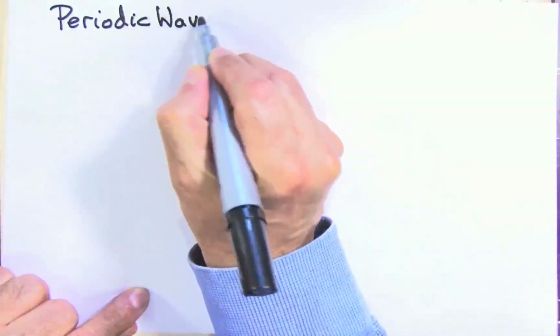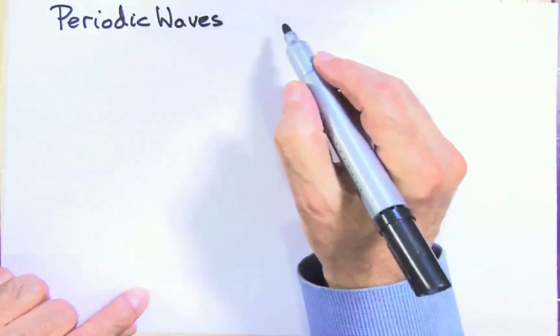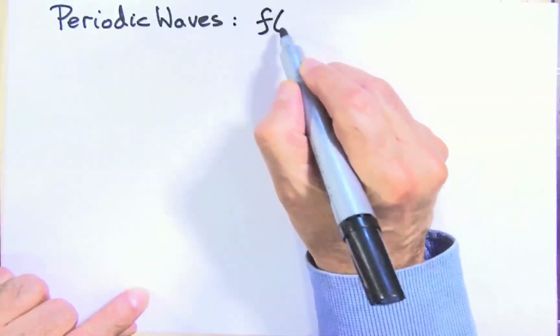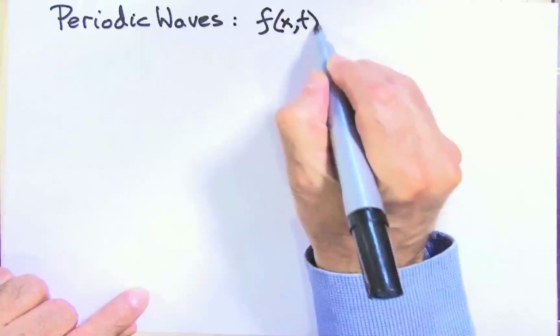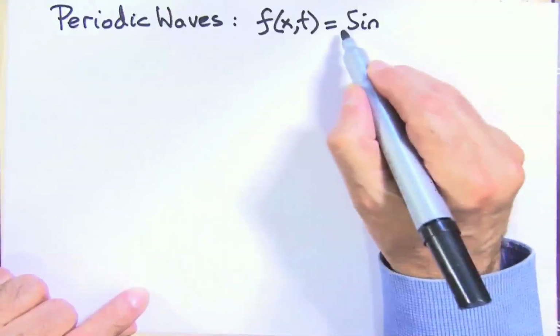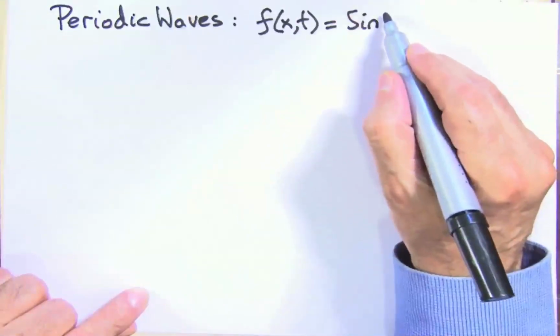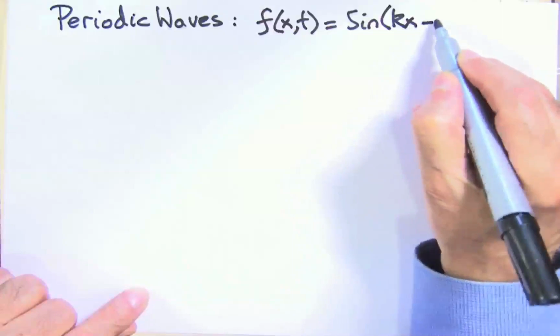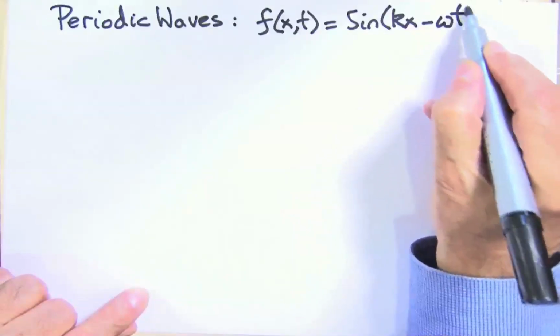In other words, those waves which repeat themselves. So for example, let's take this f of x,t, which is, I could have put an amplitude over there, but I'm too lazy to do that, and there's unnecessary writing there.